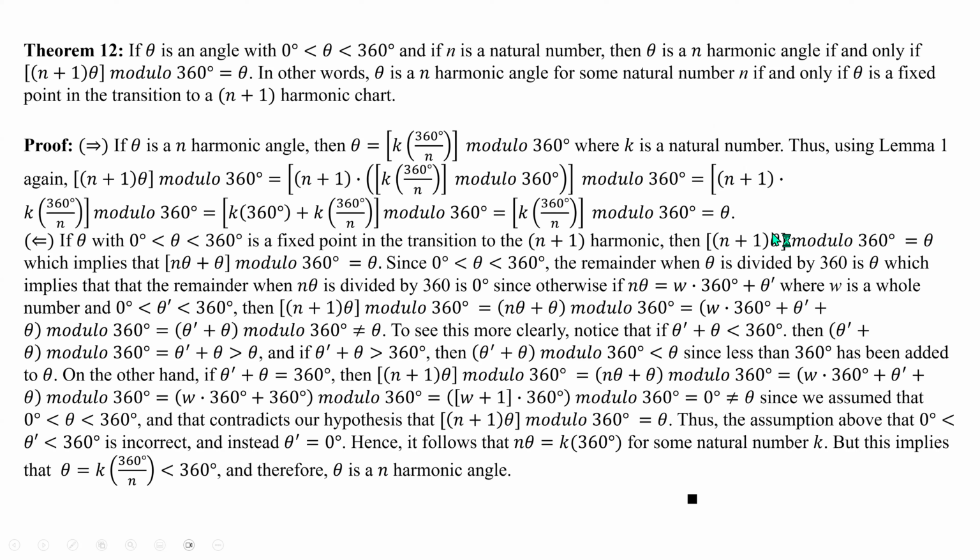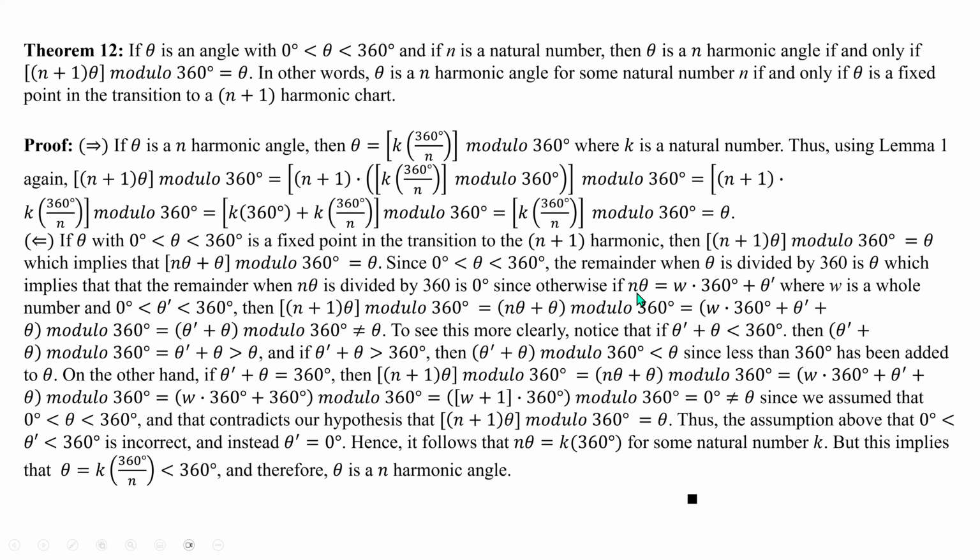But distribute this product across the sum, and that tells us that n theta plus theta, whole thing modulo 360 degrees, is equal to theta. Now, since theta itself is strictly between 0 degrees and 360 degrees, the remainder when theta is divided by 360 is just theta, right? It doesn't go in there even once, 0 times plus remainder. And that implies that the remainder when n times theta is divided by 360 is 0 degrees.